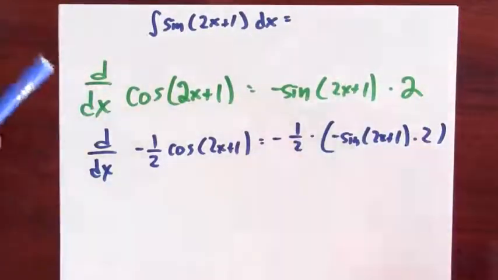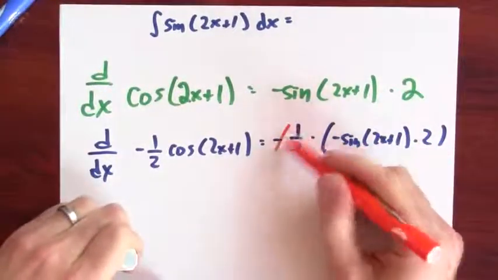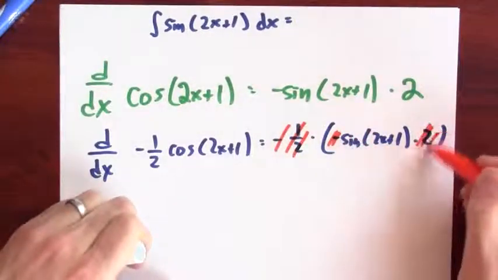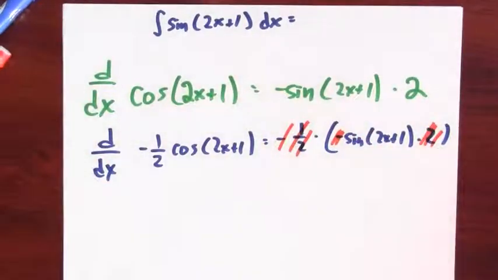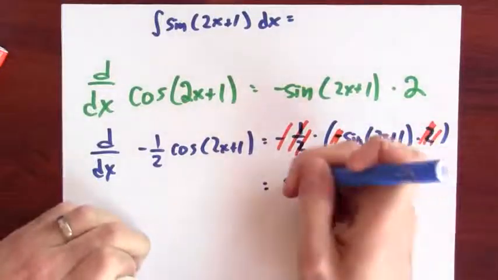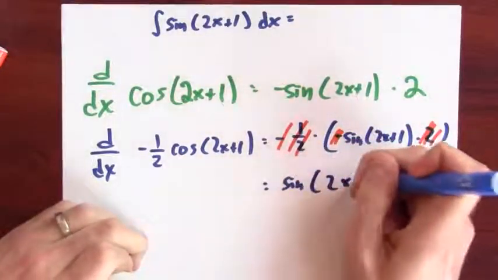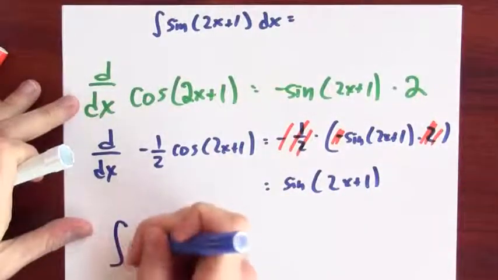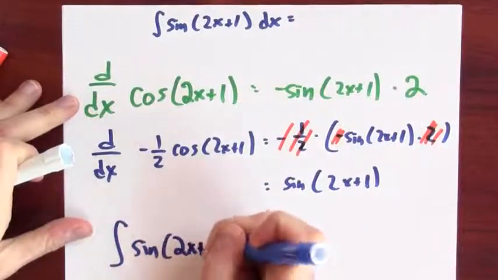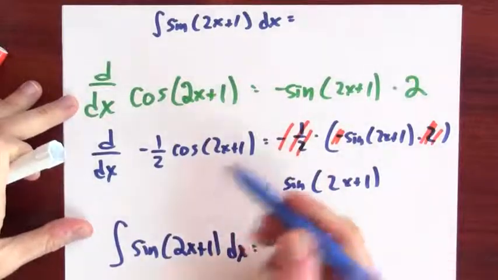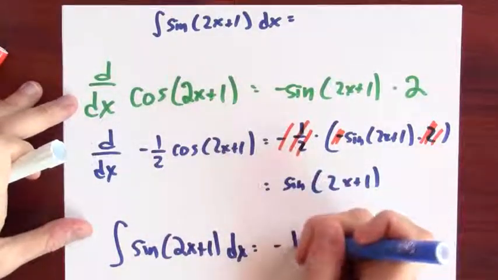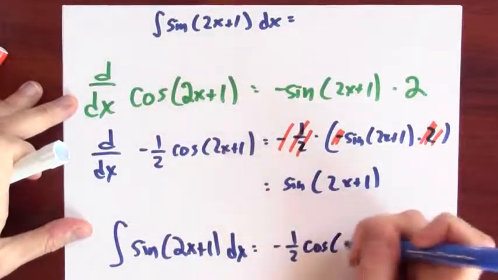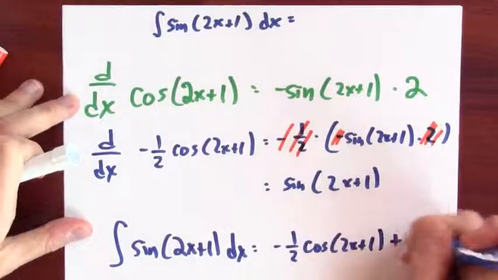And now the good news is that the minus 1/2 and this minus sign and this 2 cancel, and what I'm left with then is just sine of 2x plus 1, which means I've found an antiderivative, right? An antiderivative for sine of 2x plus 1 is, according to this argument, negative 1/2 cosine 2x plus 1 plus some constant c.